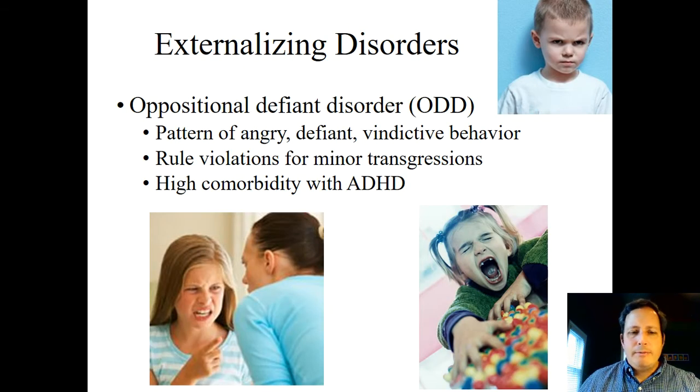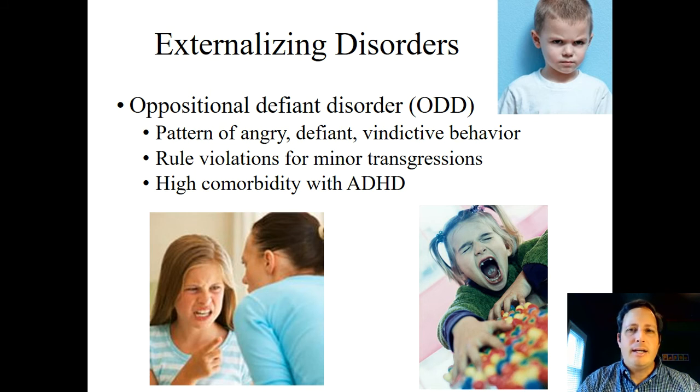A different type of externalizing disorder is oppositional defiant disorder. This is more the people that are going to have that kind of anger and rule-breaking behavior. As you can see, the pattern is angry, defiant, vindictive behavior, getting back at others. The rule violations are relatively minor. They're not going to be ones that the law would get involved with.